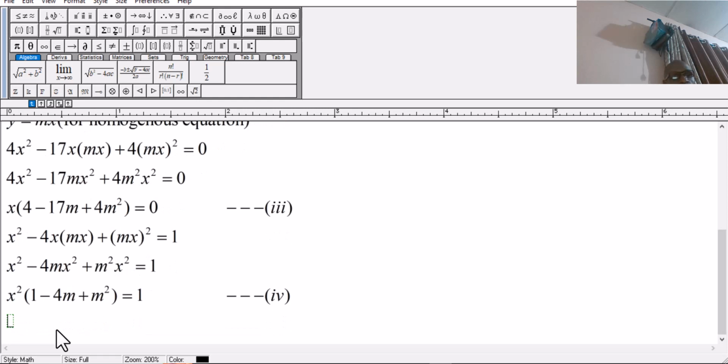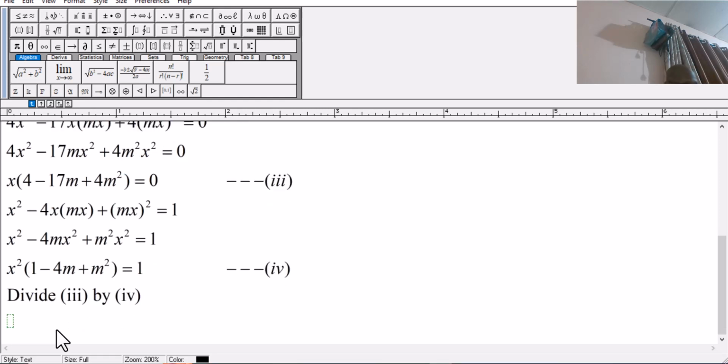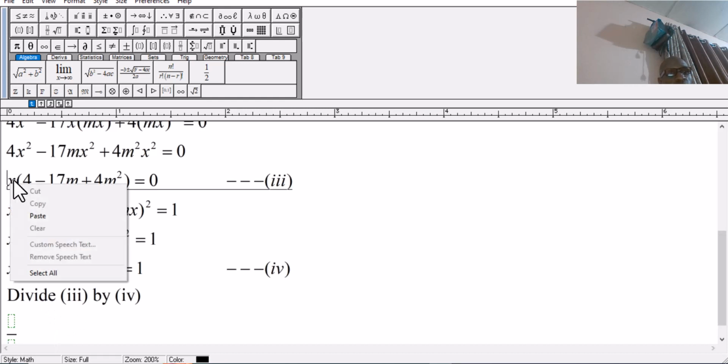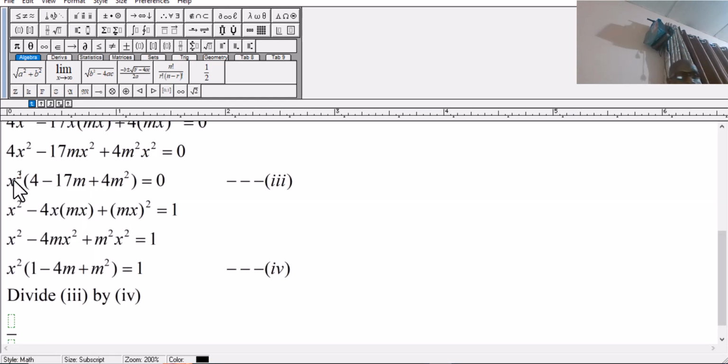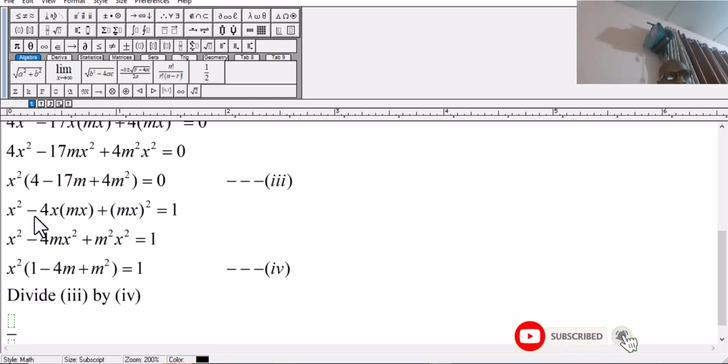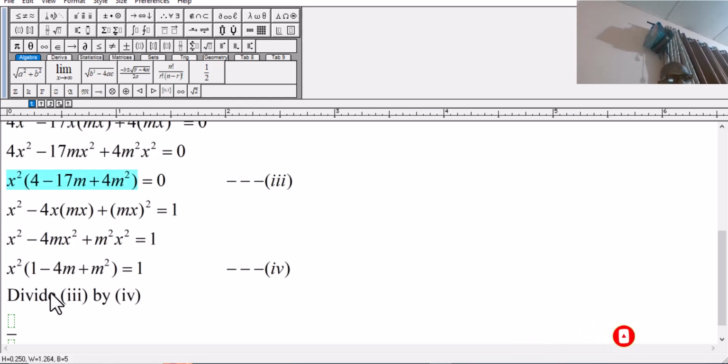So we have these two equations. So divide by 4. So we have this now. We are going to copy this and paste it here.